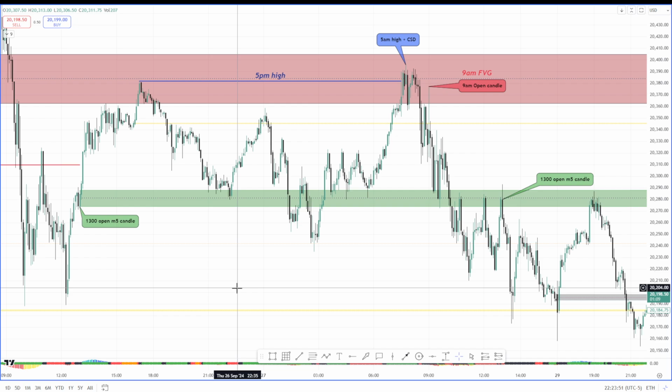Okay, this is putting together a 4-hour chart and now making it highly probable for trades that are going to deliver a decent amount of points for you.